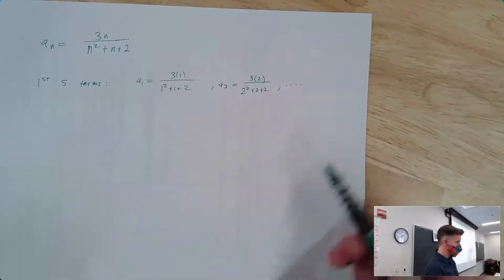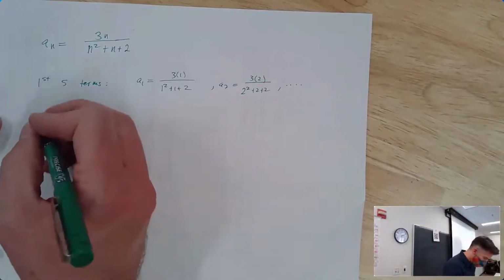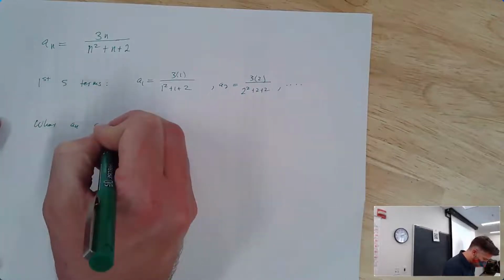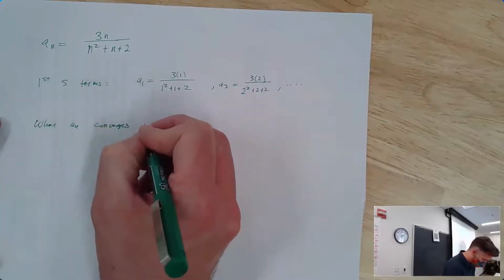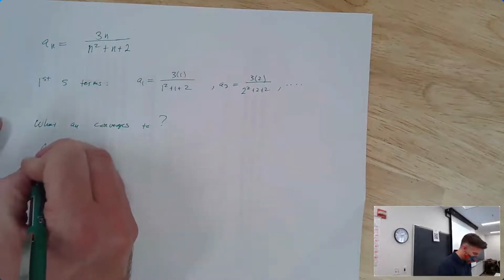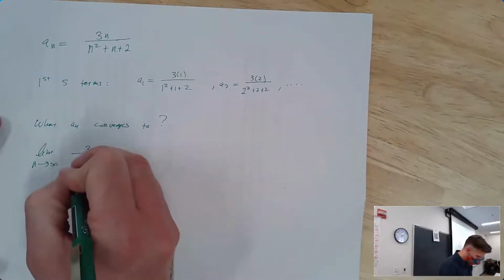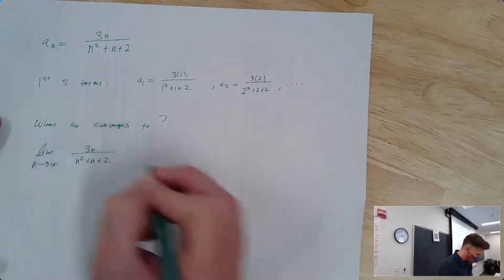I think that's something we can all accomplish. But what about what a sub n converges to? If it converges, we're just taking a limit. Any guesses as to what this limit's going to be?